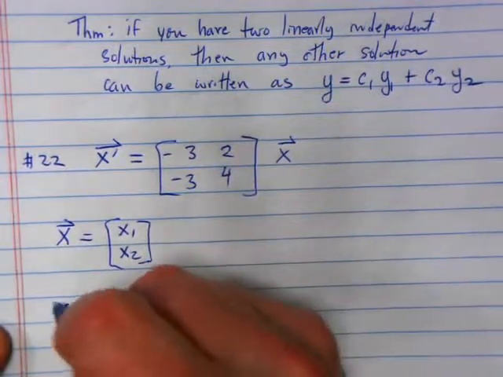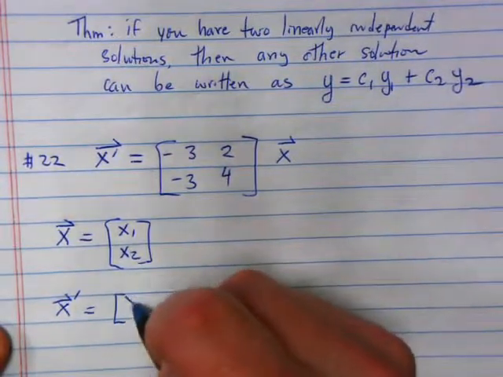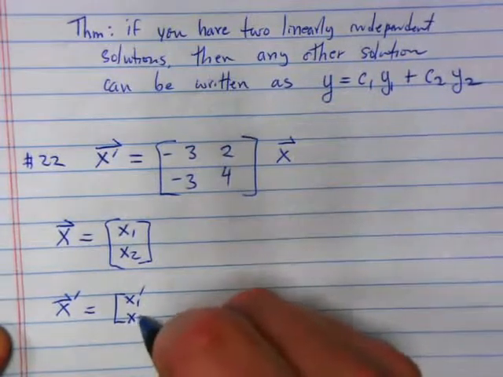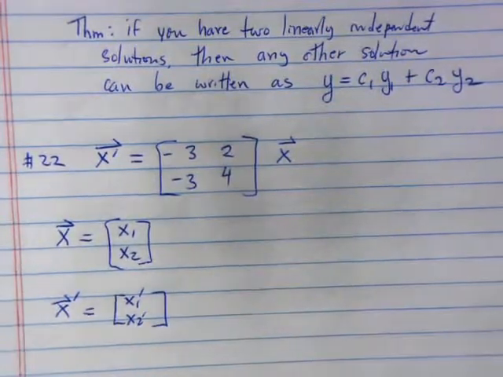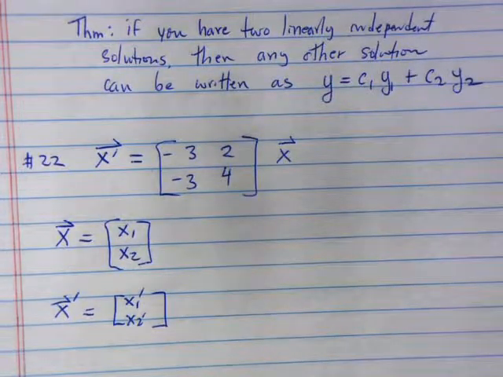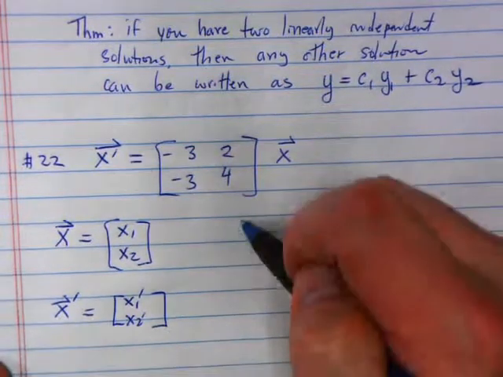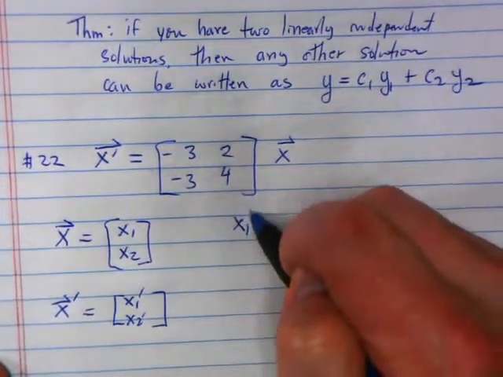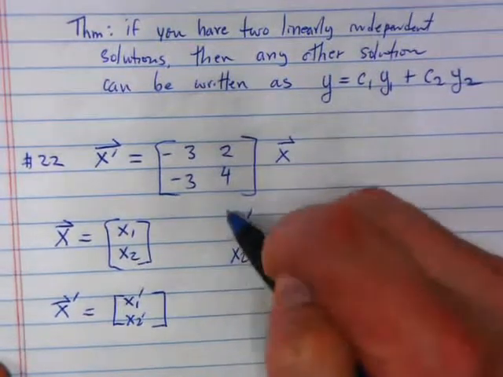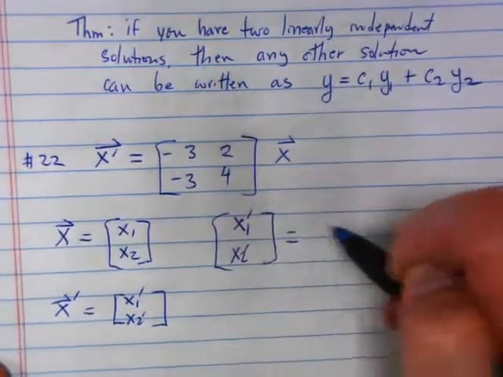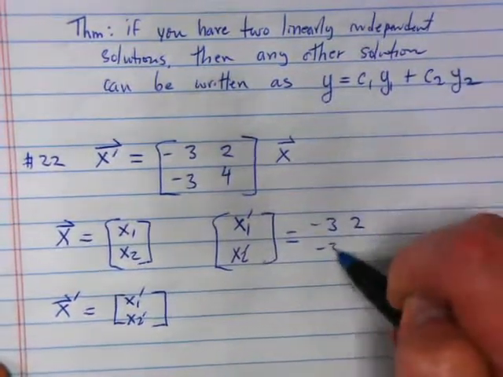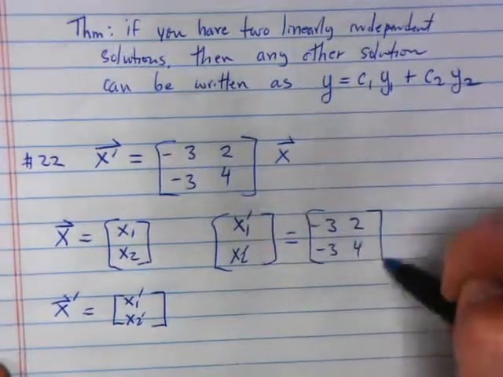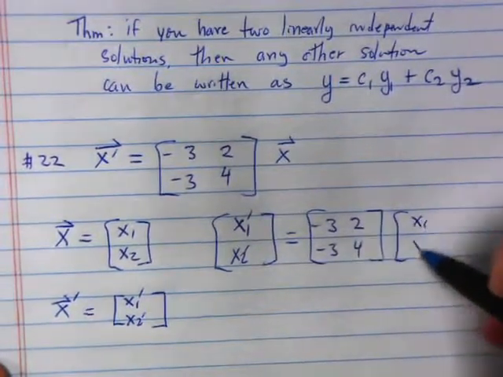So the vector x prime is x1 prime, x2 prime. So what I really have here is x1 prime, x2 prime equals -3, 2, -3, 4 times the vector x1, x2.